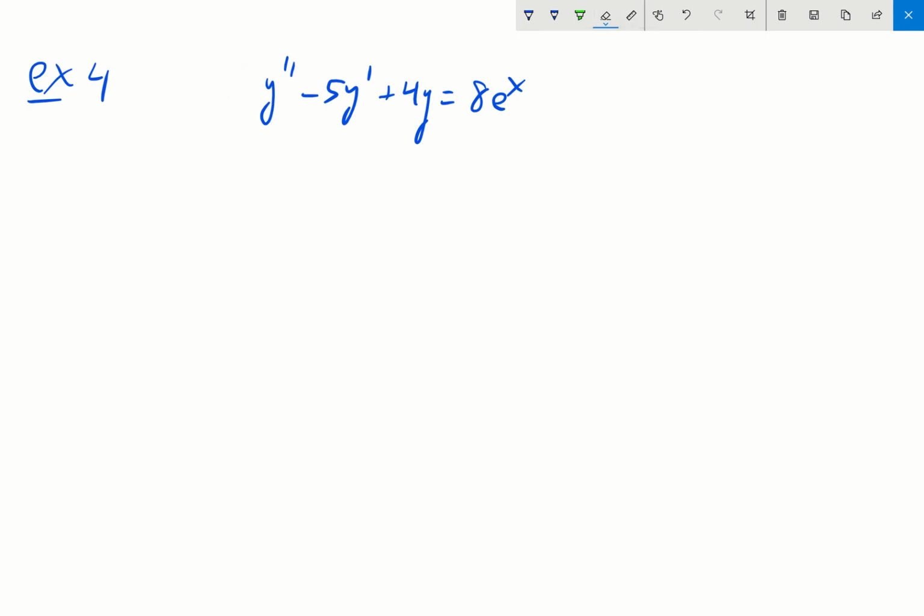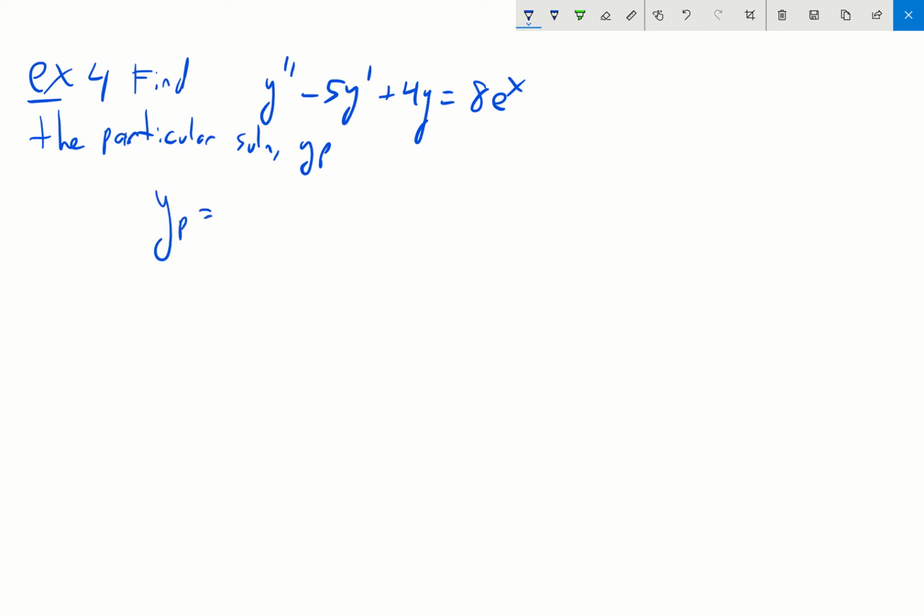Usually I like to solve them all the way out, but let's just see what they say. Find the particular solution. That is y sub p for this differential equation.